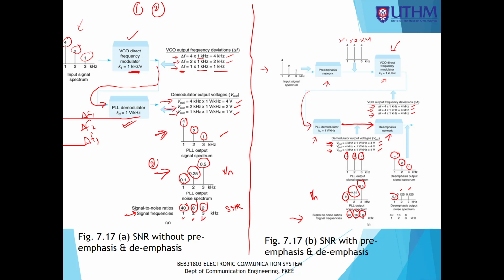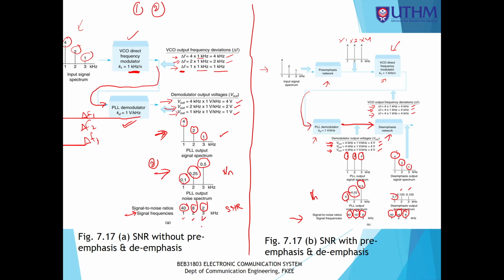Okay, so 4 divide with 0.1, we get 40 SNR at 1 kilo. 2 divide with 0.125, we're gonna get 16 at 2 kilohertz. And 1 divide with 0.125, we're gonna get SNR equal to 8 at 3 kilohertz.